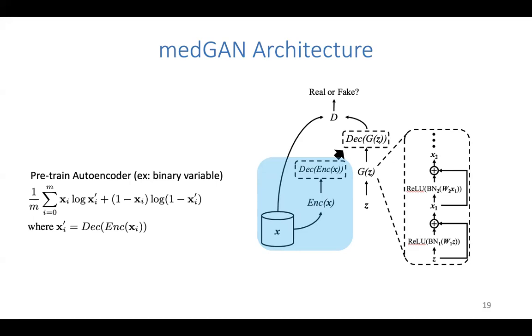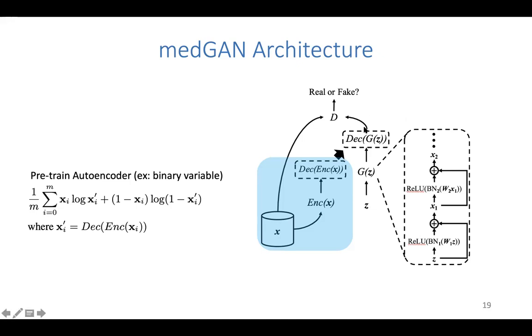So Z is totally random. G(Z) will generate a meaningful but continuous representation of a single electronic health record. And then given that meaningful continuous representation, the decoder will decode that into a count value or a binary value.